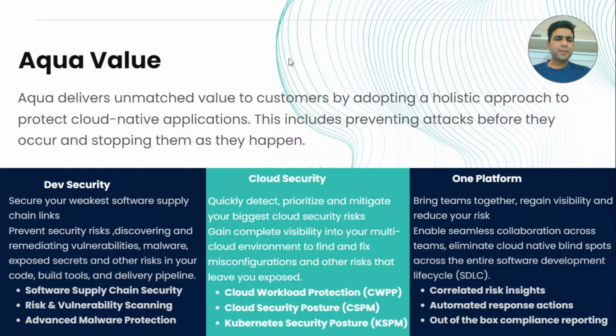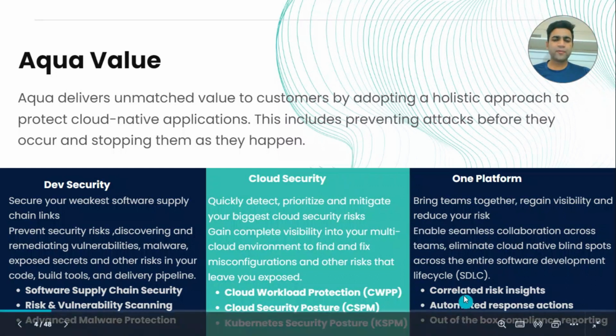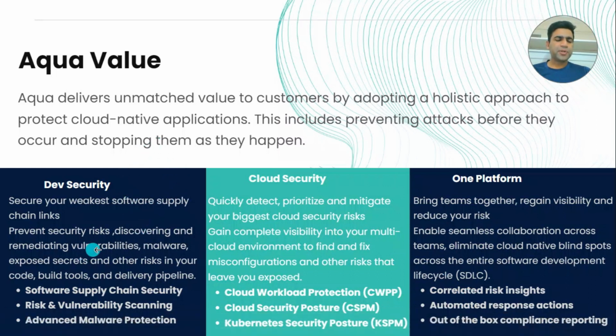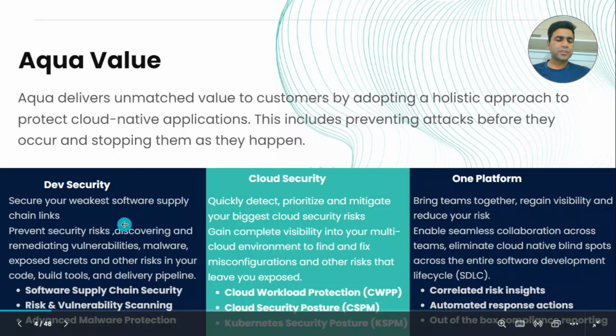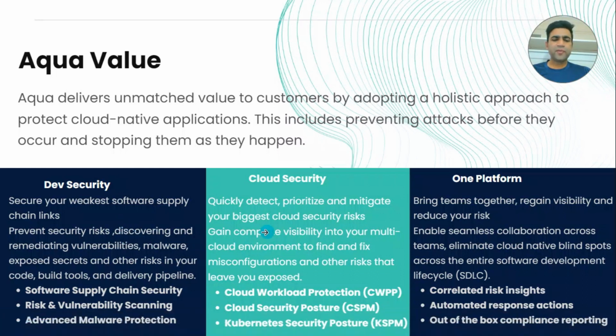Aqua provides unmatchable protection to all of the applications that are hosted over cloud, and it provides security in terms of development, in terms of cloud. It's one platform that's providing all of these features. In terms of dev security, there could be potential threats related to supply chain risk and vulnerabilities, advanced malware protection.